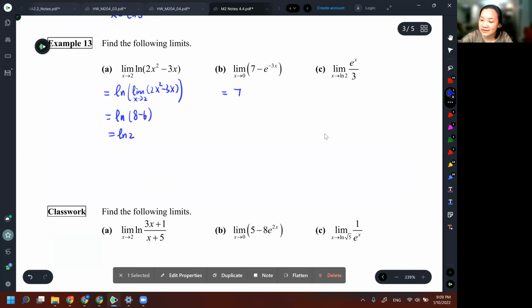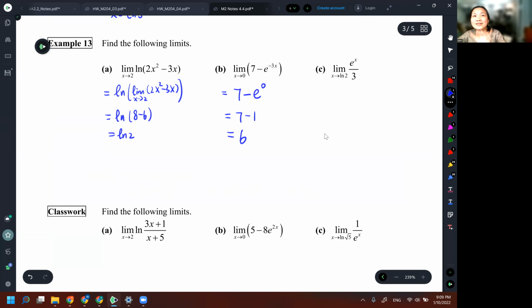7 minus e to the power 0, 7 minus 1, 6. Now this is not even like type 1. This is continuous, so we substitute, okay?